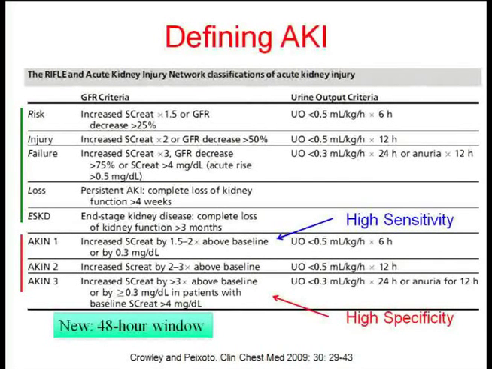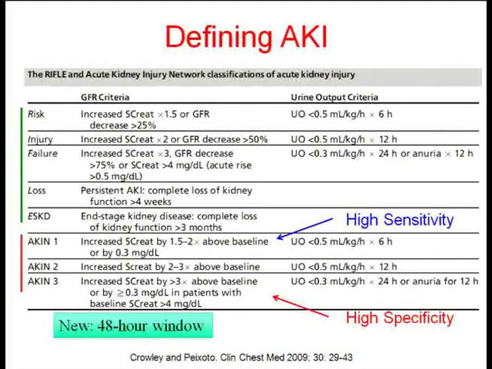They are still essentially the same in terms of the thresholds for changes in serum creatinine, and the same for changes in urine output. The only thing that changed were a couple of items. One, there was the addition of a change in serum creatinine by only 0.3 milligrams per dL.